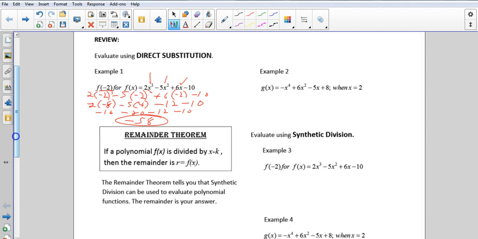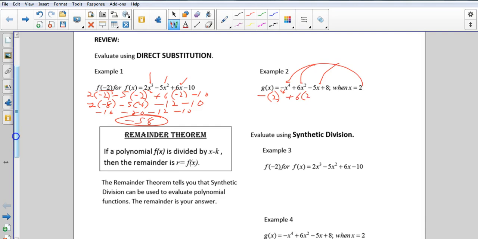G of x, we're going to plug 2 in everywhere we have an x. So negative, be careful here with substitution. Remember, this means take 2 to the 4th first and then take the opposite of it. It's the opposite of x to the 4th.